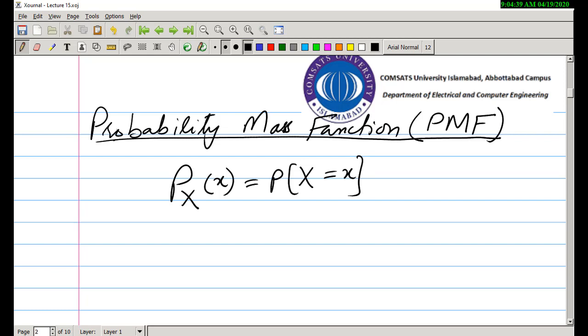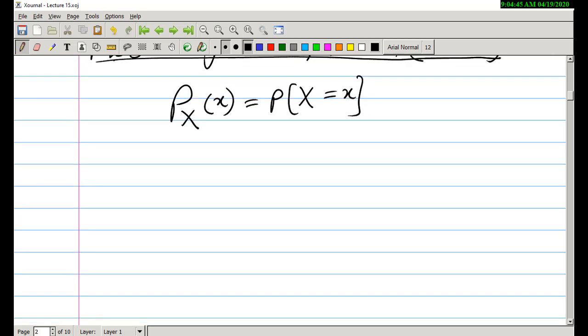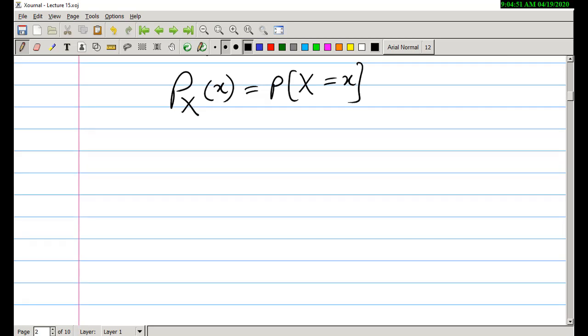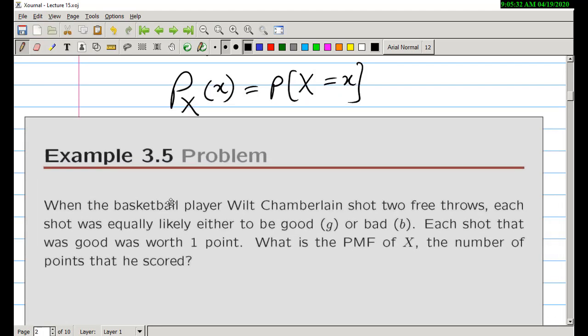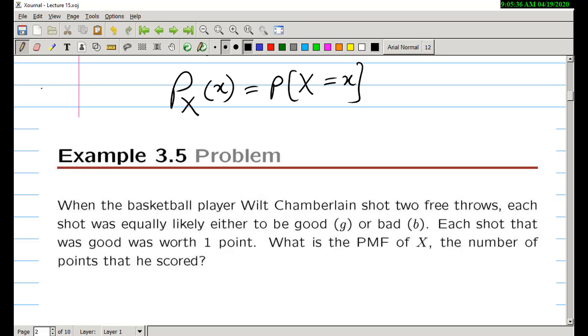Now, to understand this before going into further discussion, it's better to solve a simple example so that we can understand how we can find the probabilities using the probability mass function. So let's look at the example from the book.